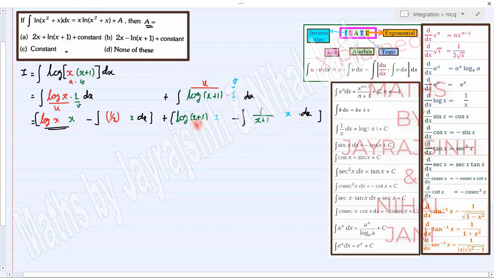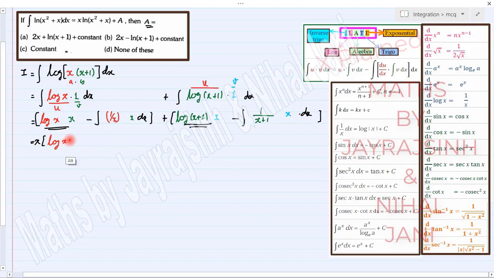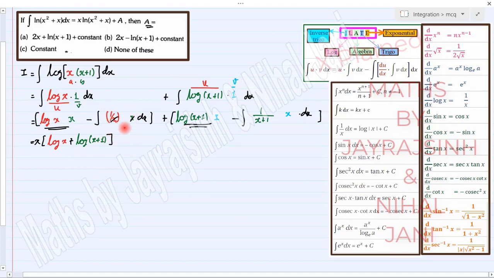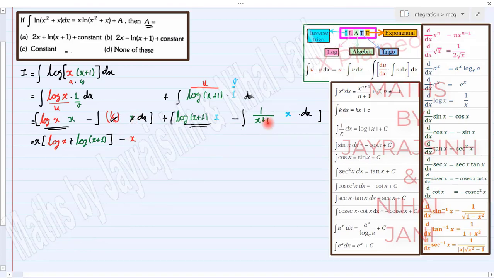From the first and third term, let's take x common. So we will get log x plus log of x plus 1. Now your x will cancel out and integration of 1 will be x, and in the last term actually we have x upon x plus 1.